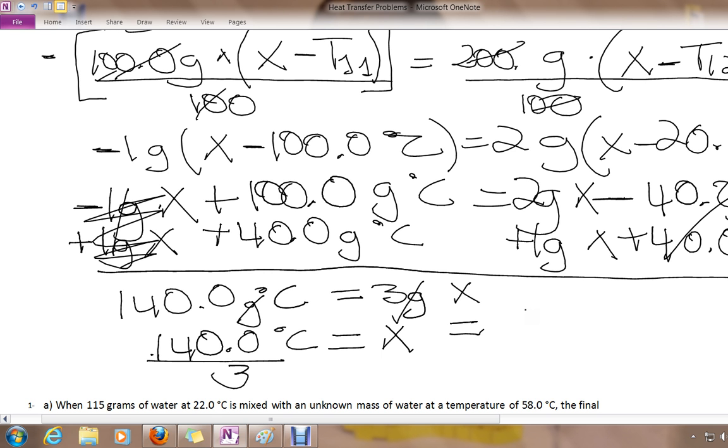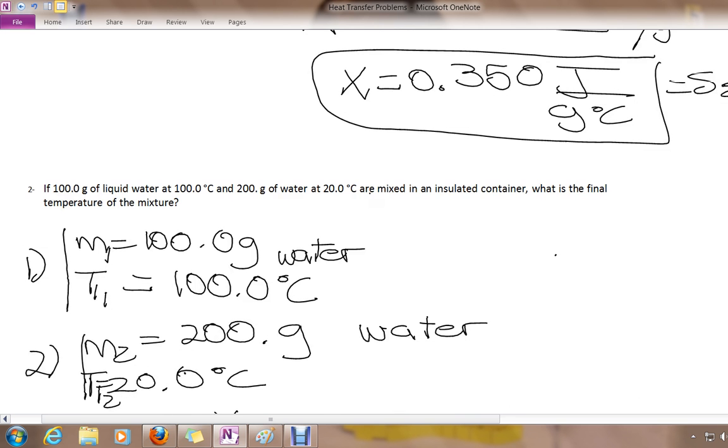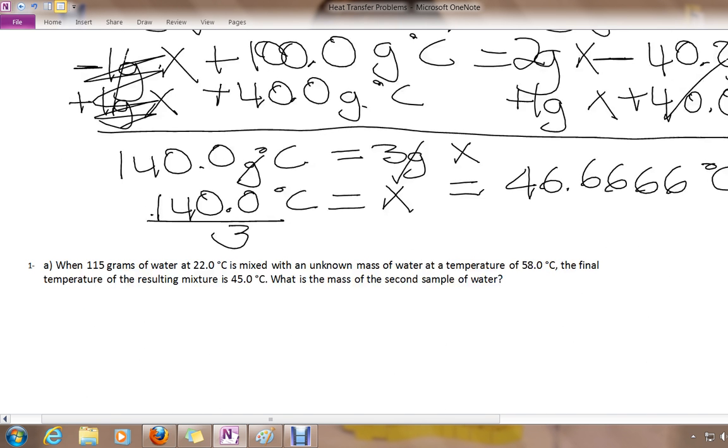This is going to be 46.6666 degrees Celsius. We take it to 3 sig figs. Why? Look at the problem again: 1, 2, 3, 1, 2, 3, 1, 2, 3, 4, 1, 2, 3, 4. We don't care about the 4, we care about the minimum amount. So it's going to be 46.7 degrees Celsius.